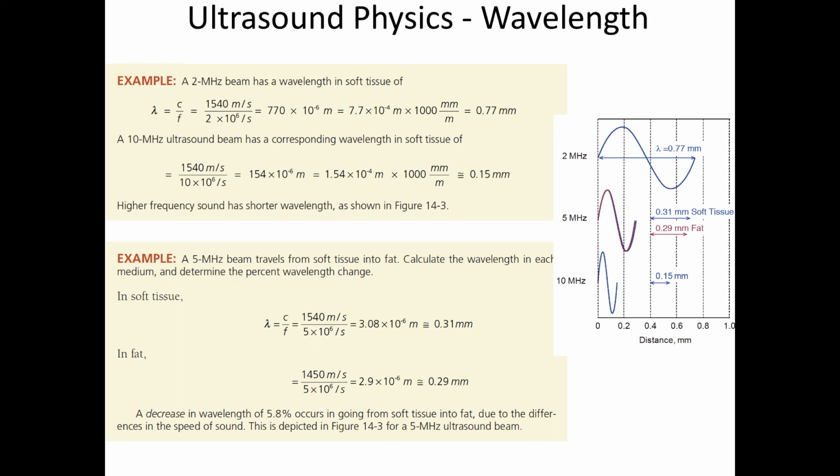You can imagine that you want to use a pressure wave that has a wavelength on the order of the size of the thing you're trying to measure. If you had a wavelength of 5 centimeters and you're trying to measure things that are really little, then you're going to have a problem on your hands.